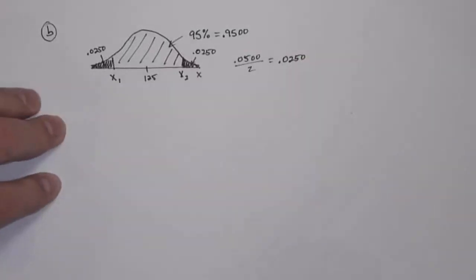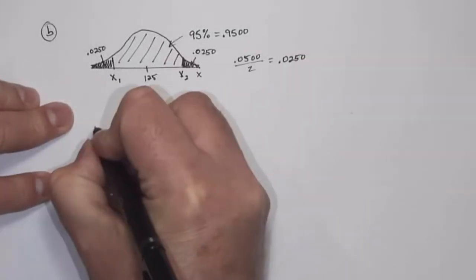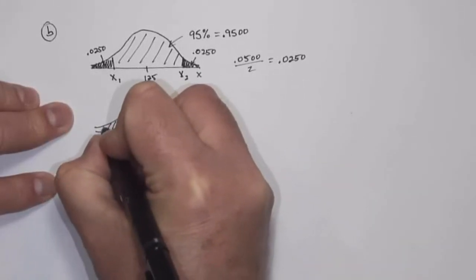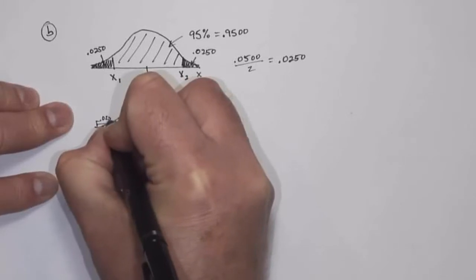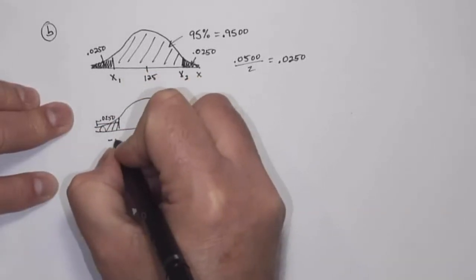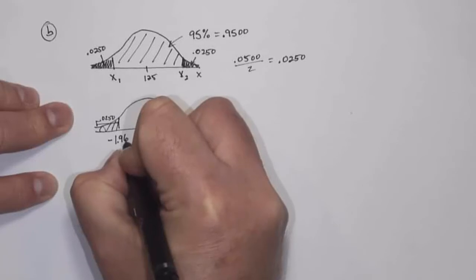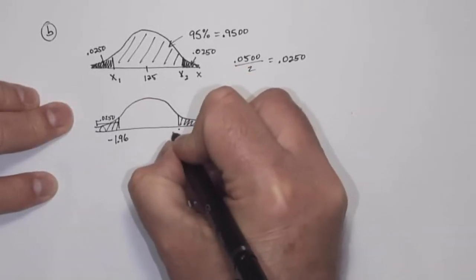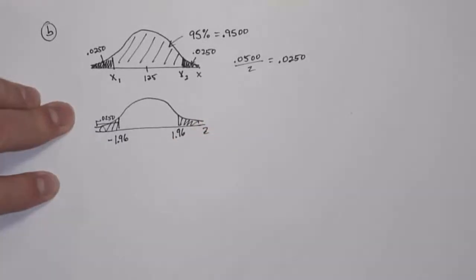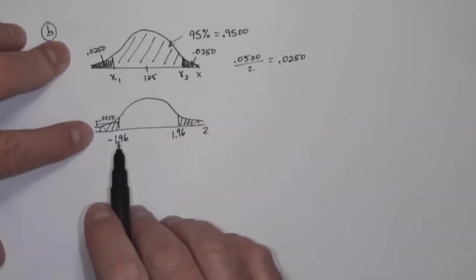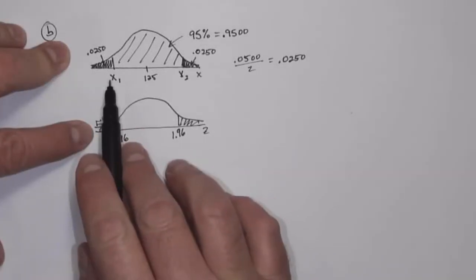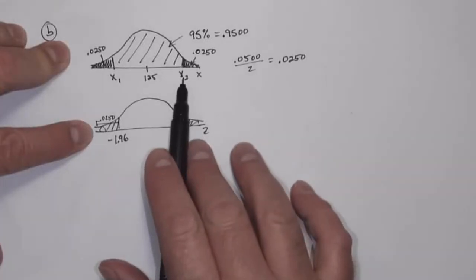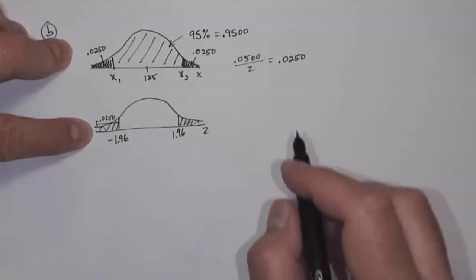Okay, so our z-score that corresponds to this left value here, so that this area is 0.0250, is negative 1.96, which means this value over here, the z-score, is positive 1.96. Okay, so if we convert this z-score back to an x, that's going to give us this value.